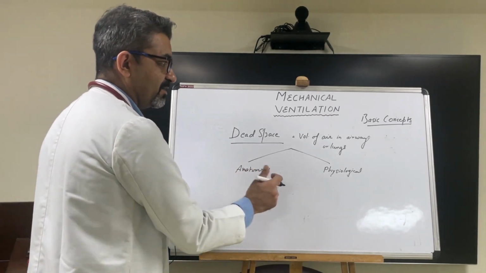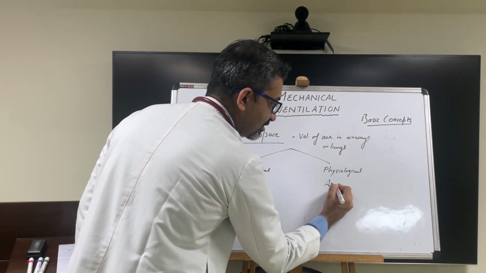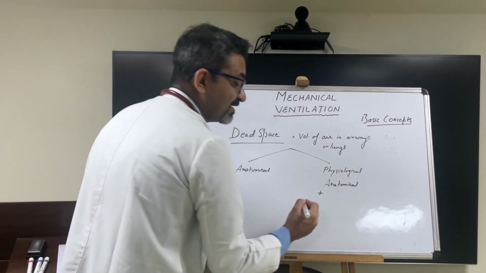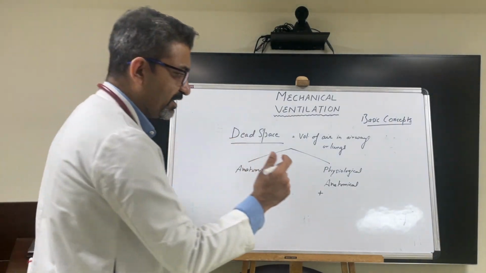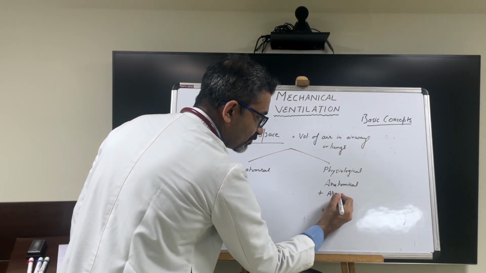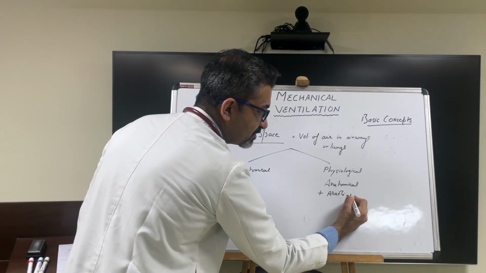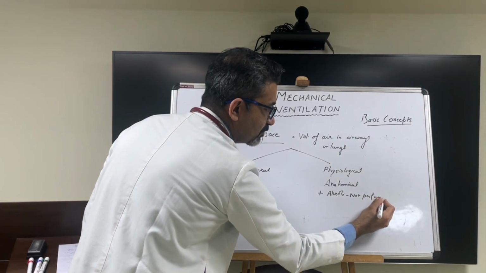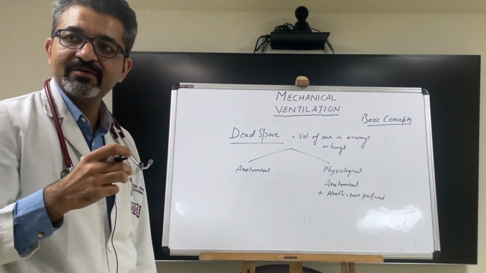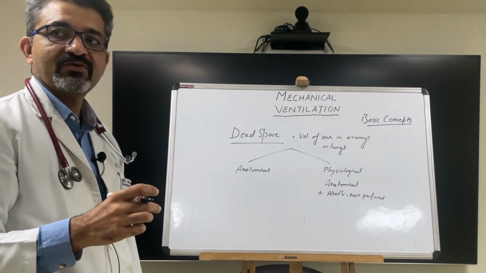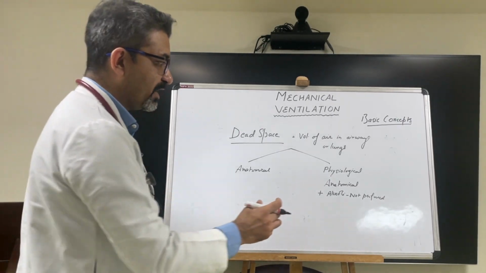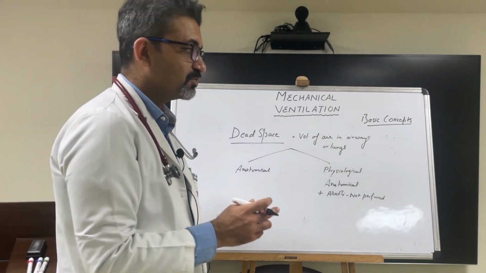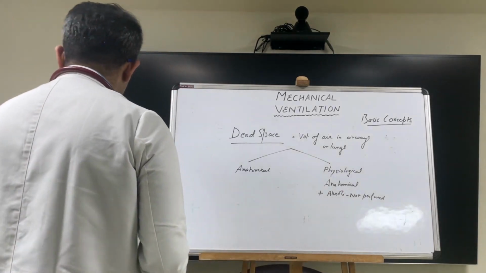Physiological is anatomical plus that air which is there in alveoli which are not perfused but ventilated. So there is a certain percentage of alveoli which are ventilated but not perfused. You add anatomical dead space and that alveolar space which is not perfused, that becomes physiological dead space.